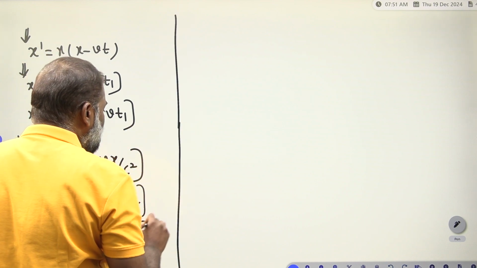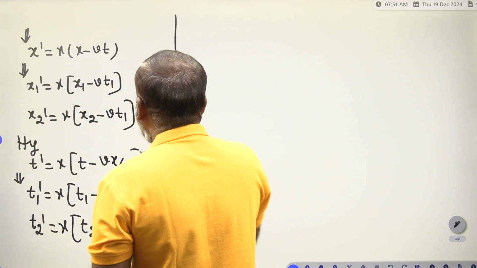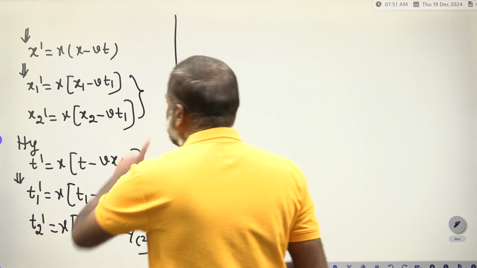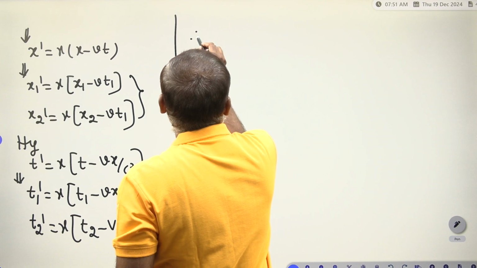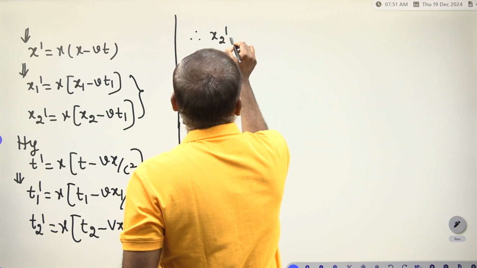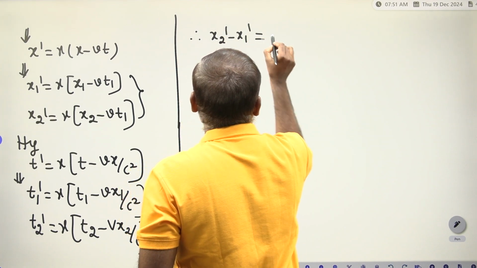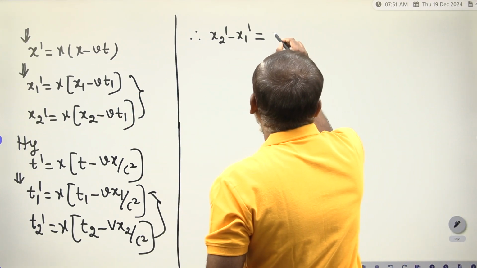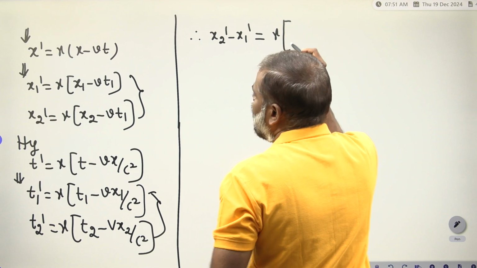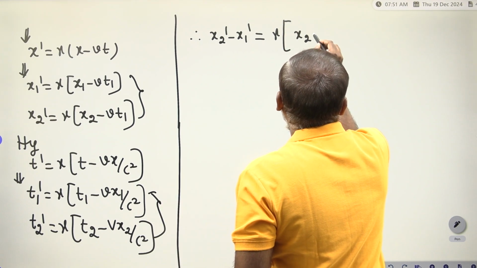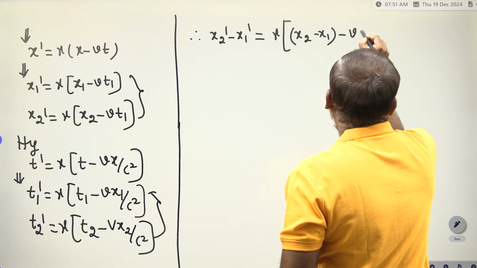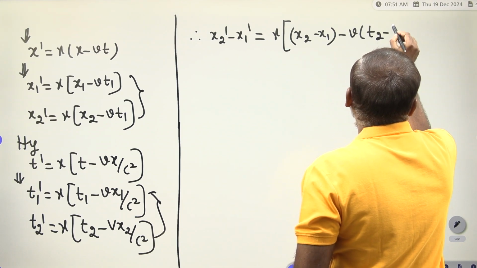Therefore, by using these two equations, x2 dash minus x1 dash is equal to gamma, taking the common factor, into x2 minus x1 minus v into t2 minus t1.